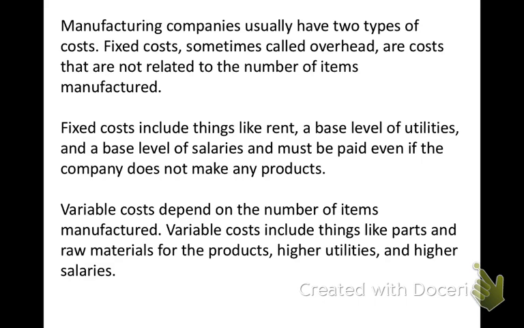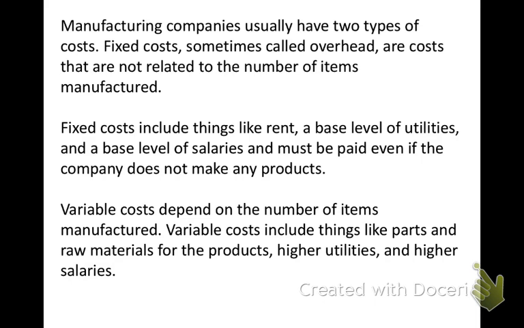This could be things like rent, a base level of utilities, a base level of salaries, and these things have to be paid even if the company doesn't make any products. We also have variable costs, and this is going to depend on the number of items manufactured.